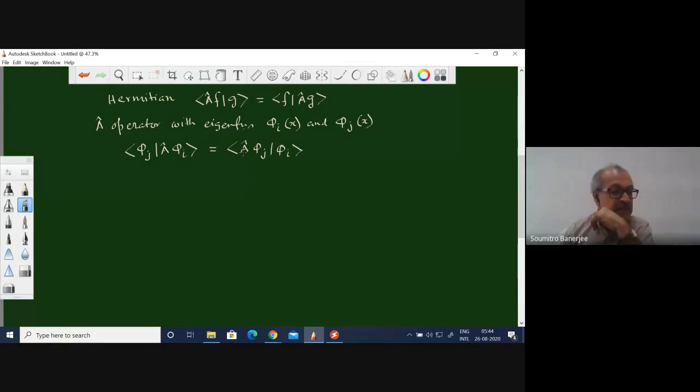It is the same thing. Now, since A is the operator whose eigenfunction is this, this side is nothing but a number times the eigenfunction.